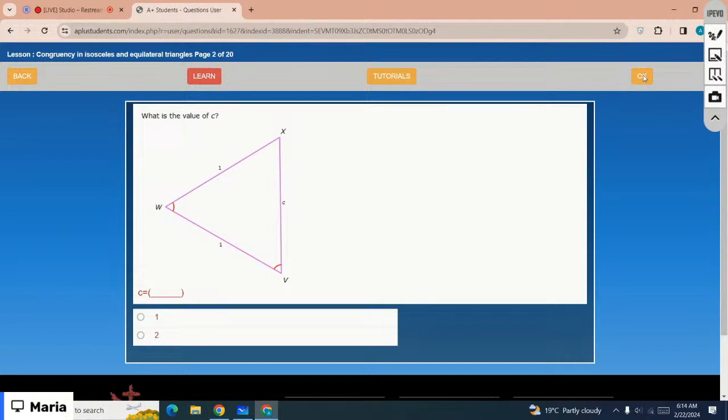That means angle V and angle W are congruent and sides XW and VW are congruent. So that means that is an isosceles triangle. Side C is equal to 1, right? They have same length, so side C equals 1. The correct option is 1, right? C equals 1.